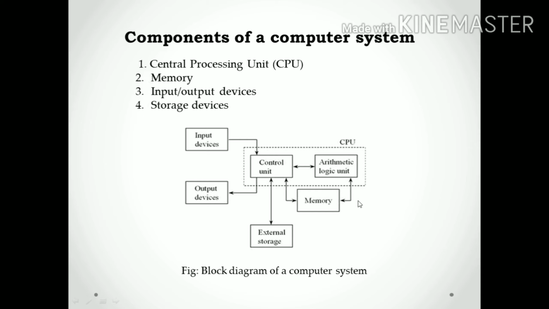Here you can see there's a CPU, memory, input and output devices, and finally the external storage or storage devices. Here you can see a dotted rectangle. It's the CPU, and inside the CPU you have 2 components, that is control unit and arithmetic logic unit. We'll see one by one in the coming slides.